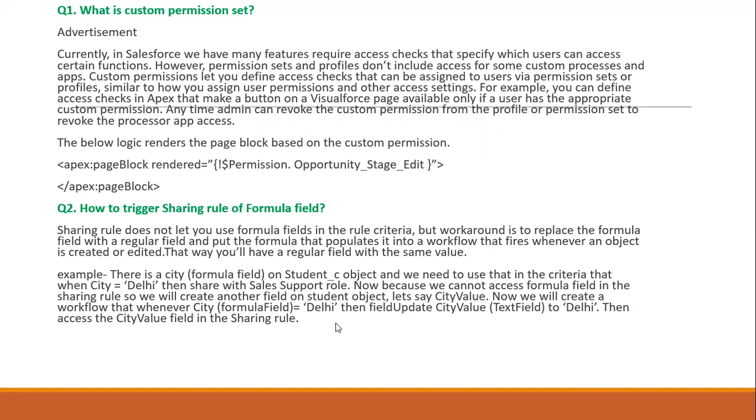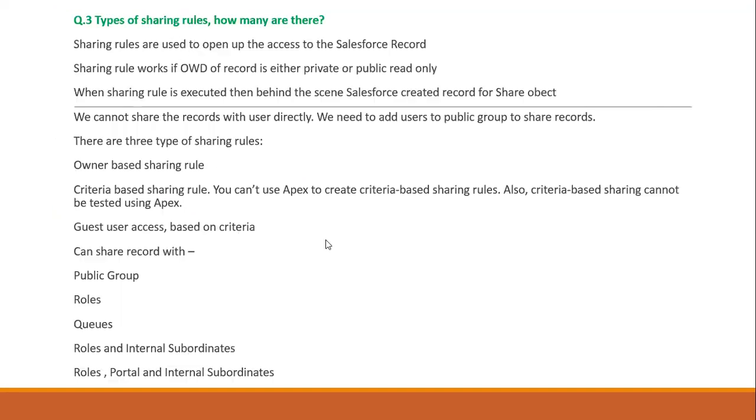Now we will create a workflow that when the city formula field is Delhi, then field update the City Value text field to Delhi, then access the City Value field in the sharing rules.